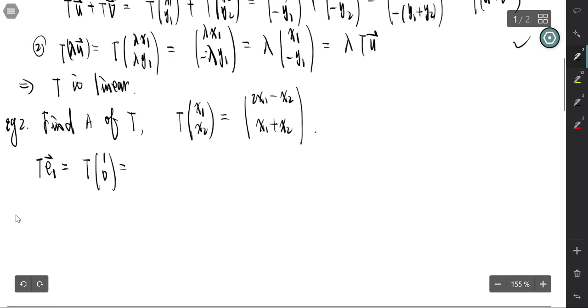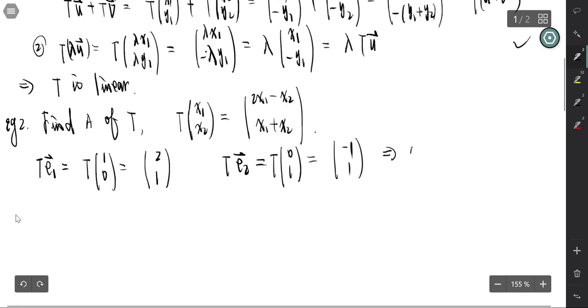That means x1 equals 1, x2 equals 0. So T(1, 0) is (2, 1). Te2 is T(0, 1). That is x1 equals 0 and x2 equals 1. So that is (negative 1, 1).